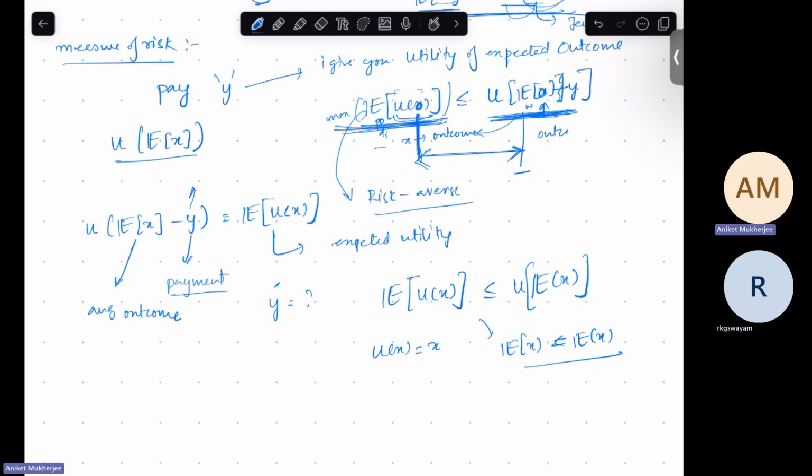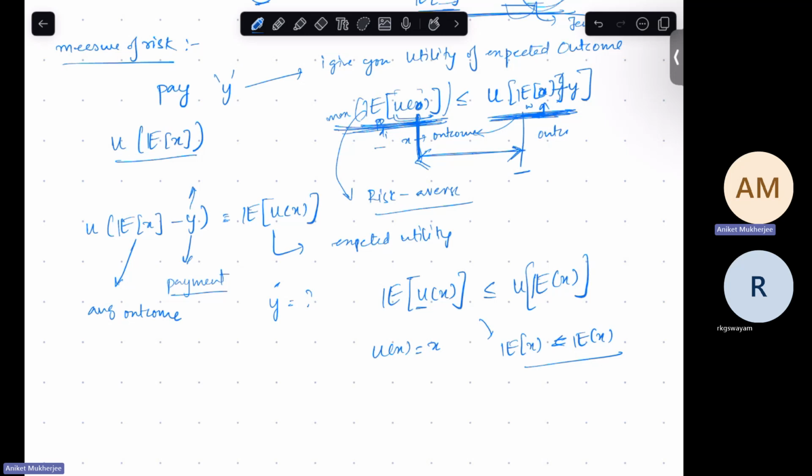Now, you are only comparing the average outcomes. As you keep on increasing the moments, and since u is a concave function, you're not just looking at the average outcome. You're also looking at how far can I lose, how far can I win. Based on how far you can lose, you're saying it is risky to put it there because I might lose more even if the average is very high.